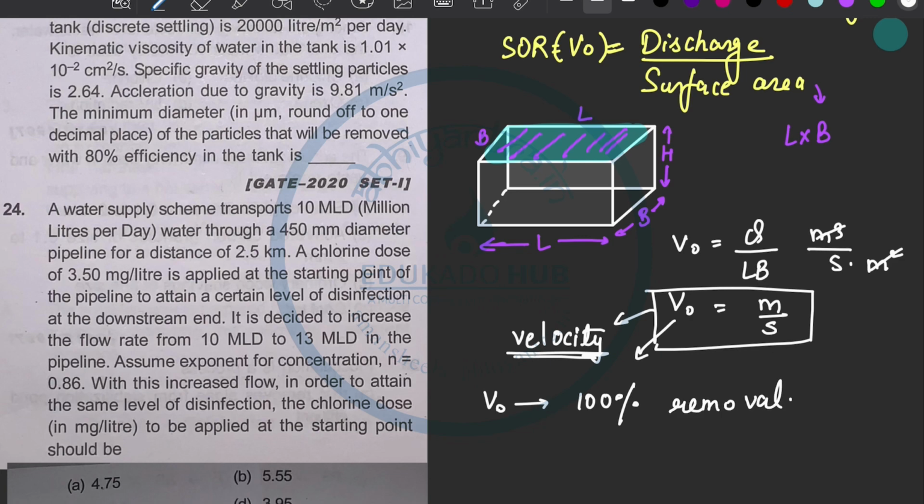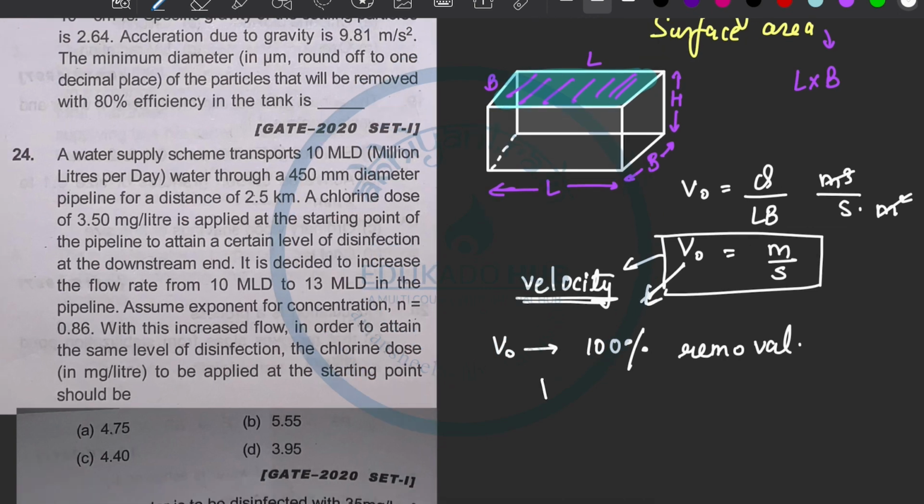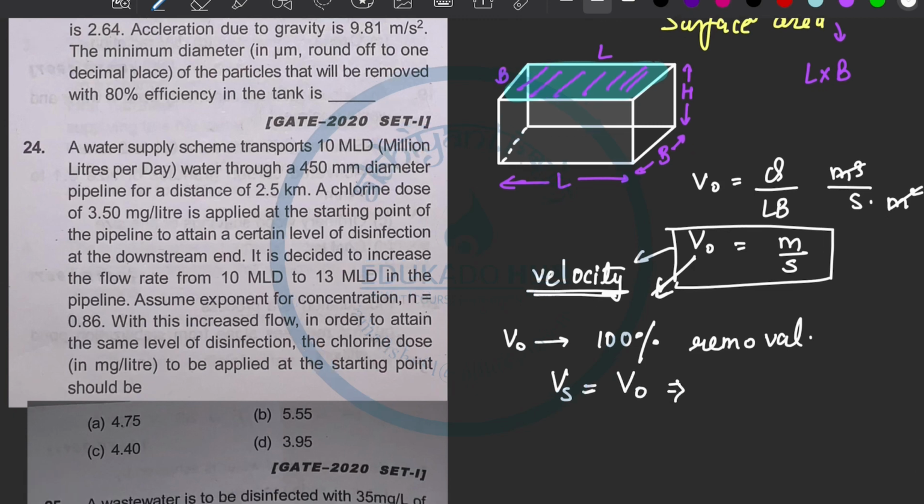That means this surface overflow rate represents the settling velocity of the particles that can be removed at 100% efficiency. So if we put the settling velocity of the particles as V naught, then we can say the particle will be removed 100%. This is what a settling velocity does. Settling velocity or surface overflow rate.